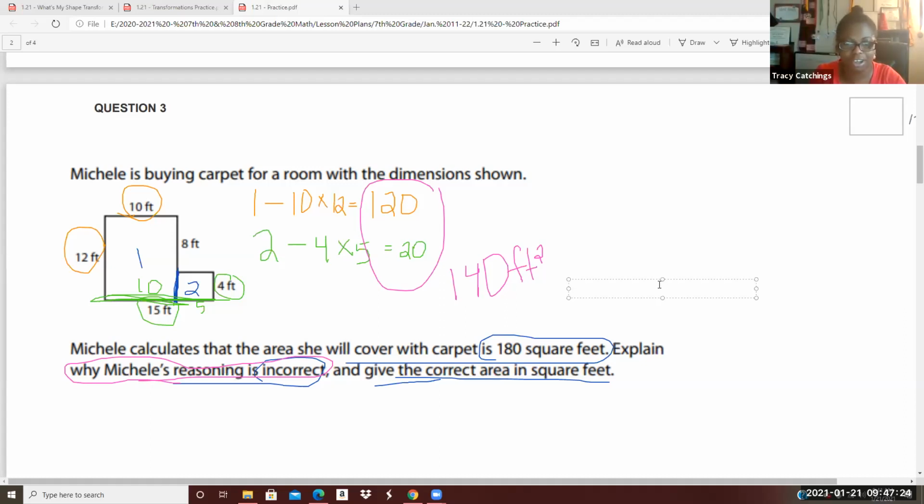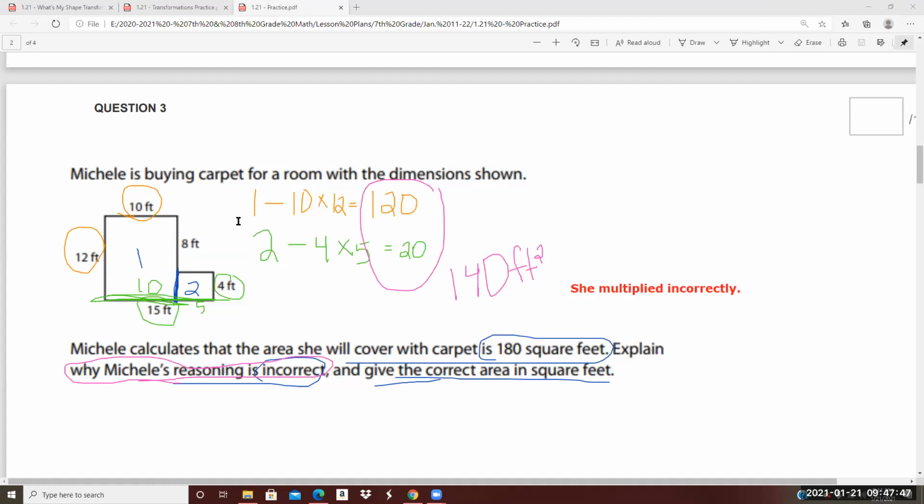That'll be a large number. All right, we're just going to say she multiplied incorrectly. You don't have to be specific because we're getting tangled up. So we're just going to say she multiplied incorrectly. Any questions about it?